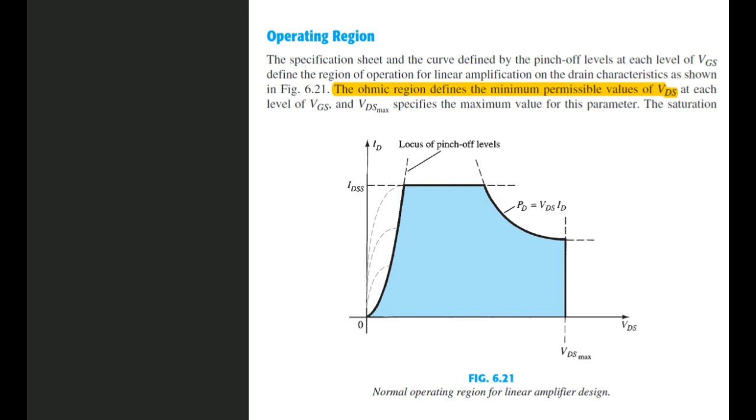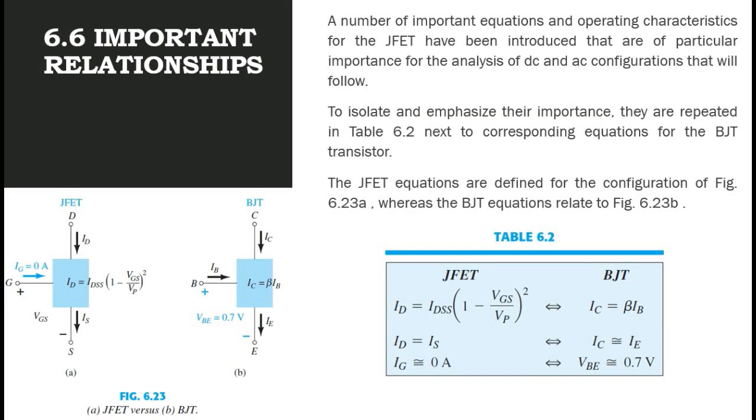So in this region, we can say the device or FET will operate normally. Here you can also see the caption: normal operating region for linear amplifier design. Just like that, from the specification sheet, we can draw this region by using the maximum values from the specification sheet.